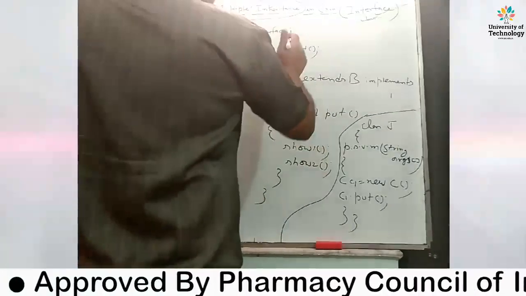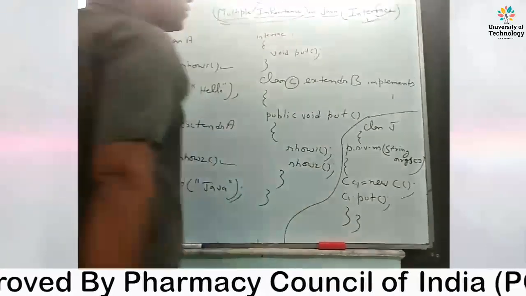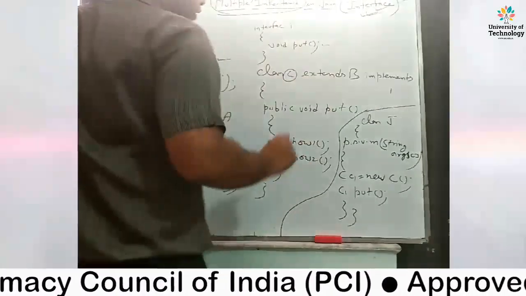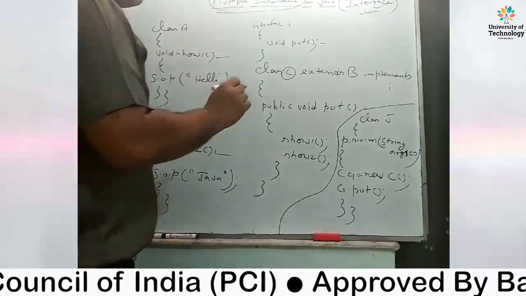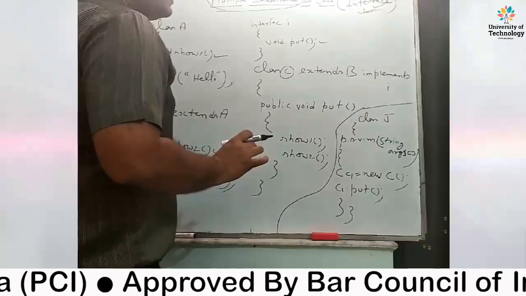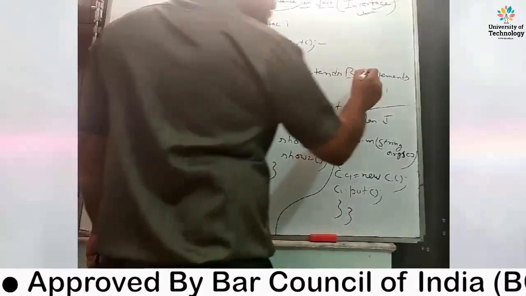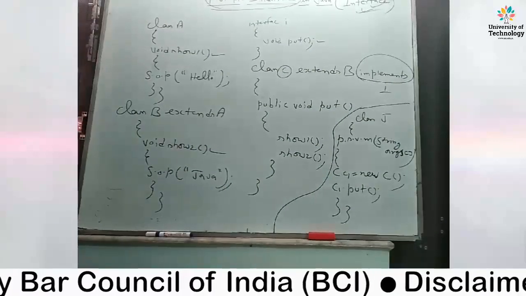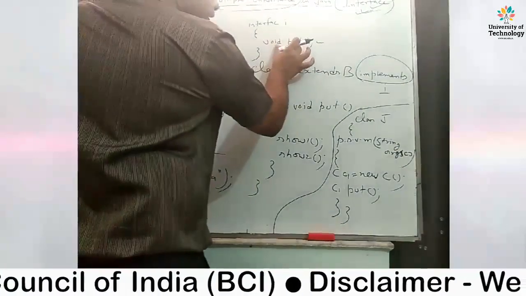Next we have defined the interface, and we have defined a method here. The body of this method will be declared where the interface will be implemented, so implements, right.